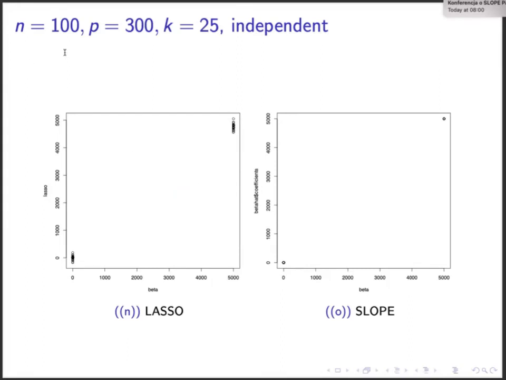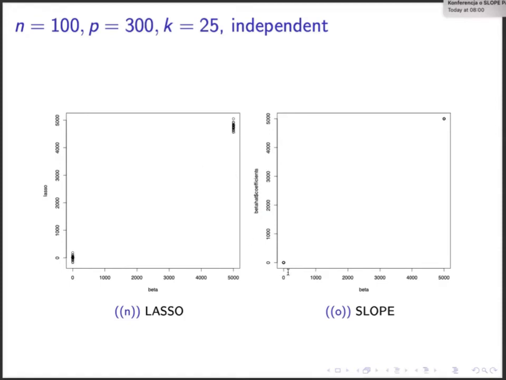So here is a situation when n is 100, p is 300, I have 25 non-zero elements, which are all equal to 5,000. And you can see that lasso can properly separate them, but there is a pretty large variability. This is lasso with cross-validation, which has the smallest mean square error. There is some variability in here and in here.